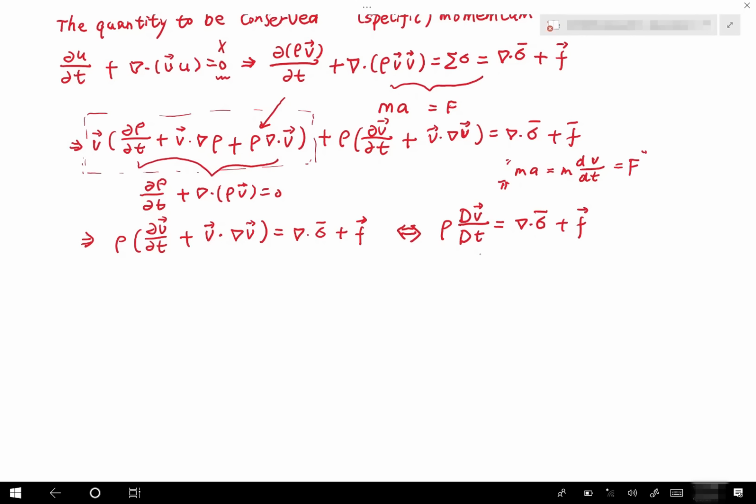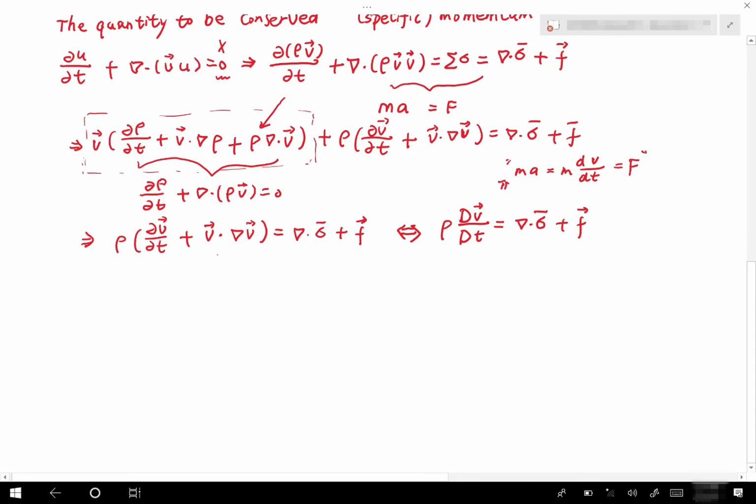So okay, now we already got what we need. This is the conservation equation for fluid movement. But we know that the dependent variable of this equation is V, the velocity of the fluid. However, we have V here.